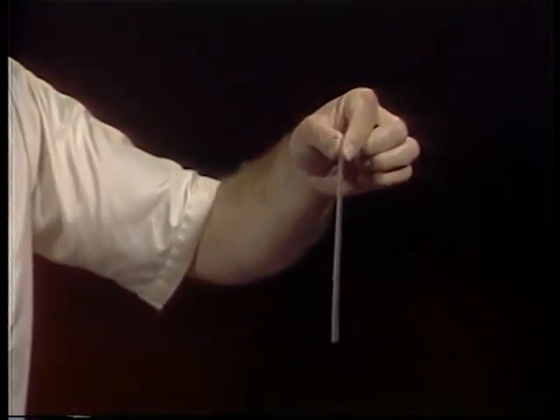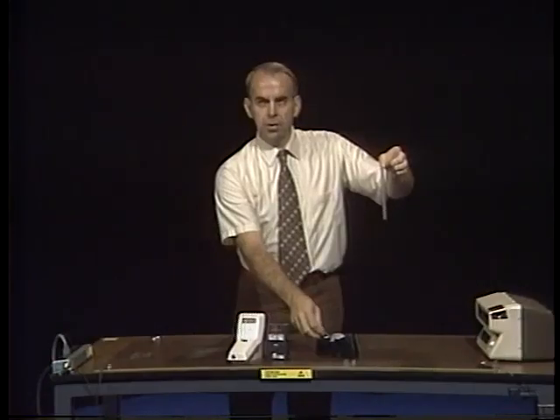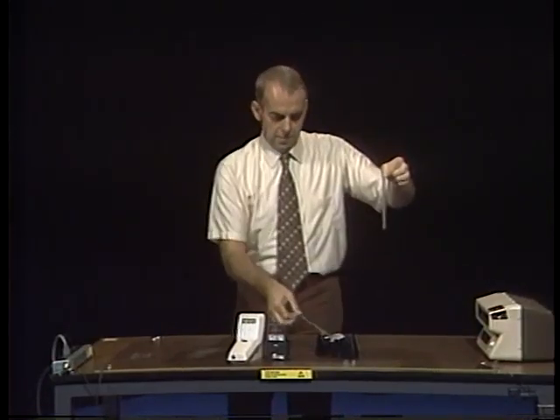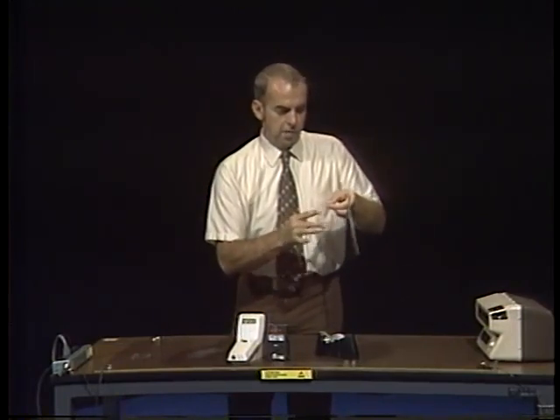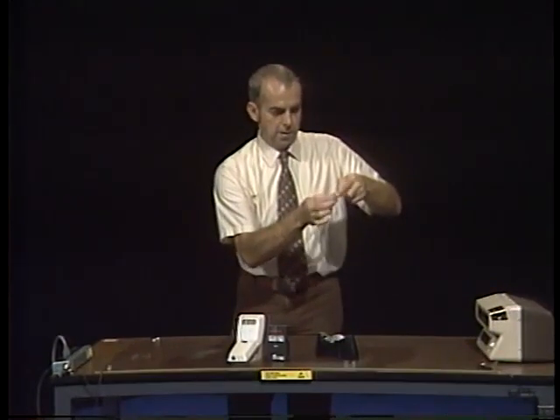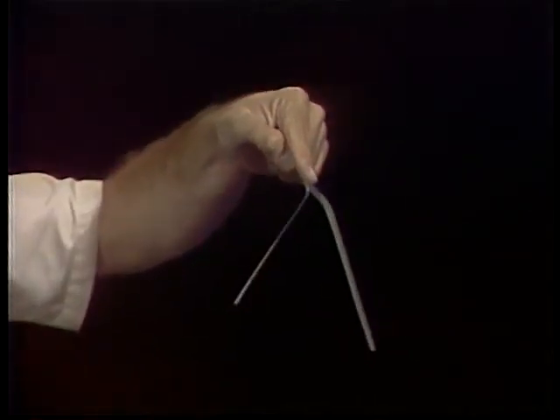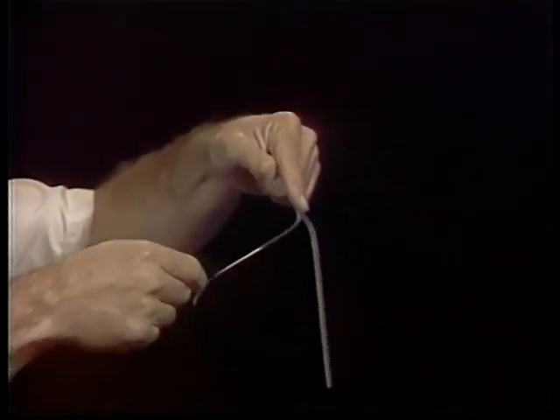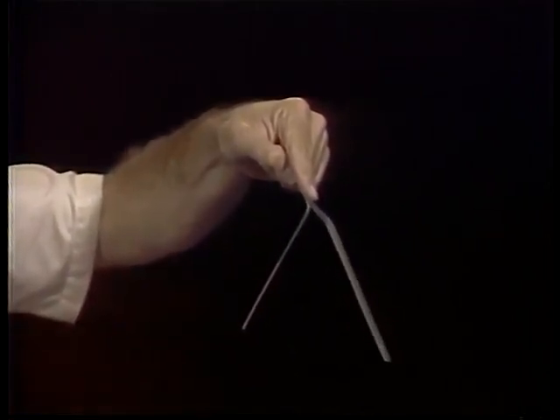The second property of static charge is that like charges repel one another. So if I have a second piece of tape of the same polarity as the first, it will repel the first piece. Even though it still is attracted to me, it is repelled by the like charge.